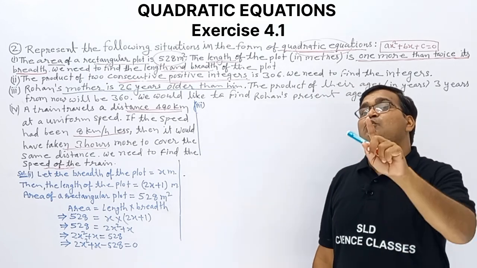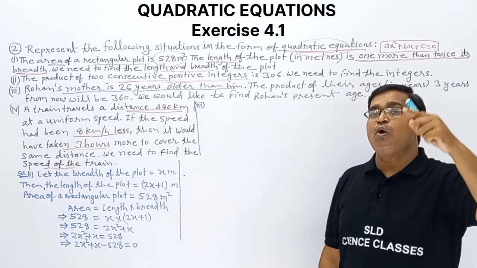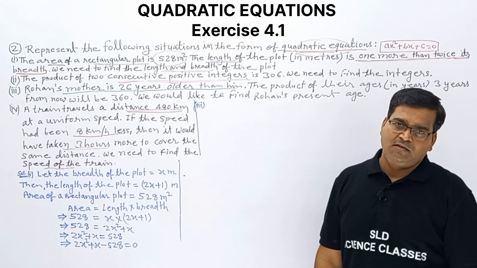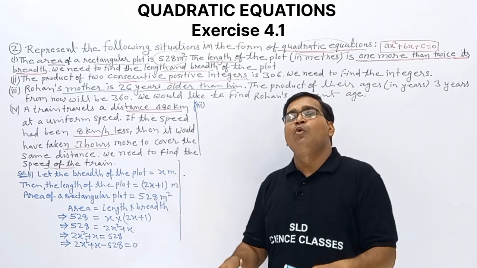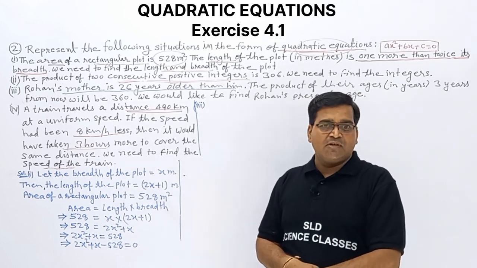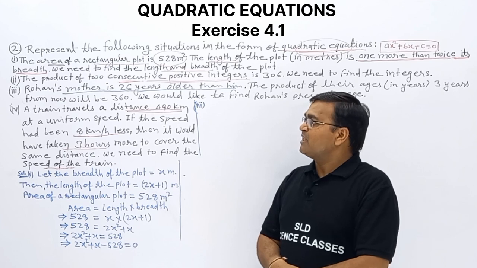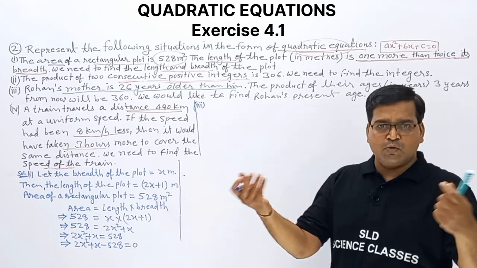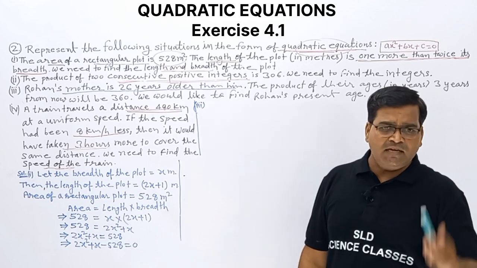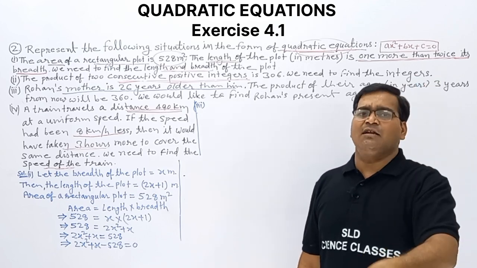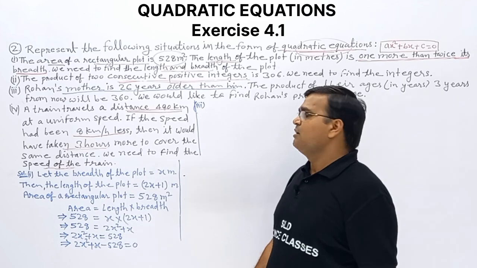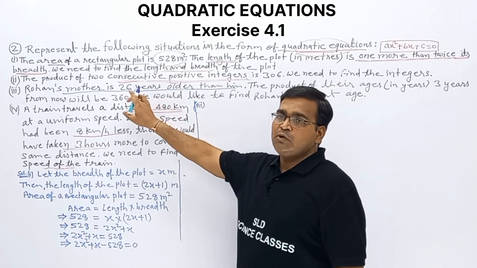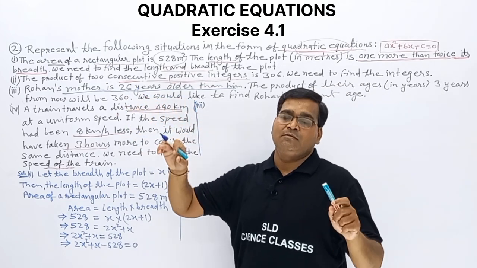Obviously, the mother will have more age compared to the son. Rohan is the son, and his mother's age is what? 26 years.